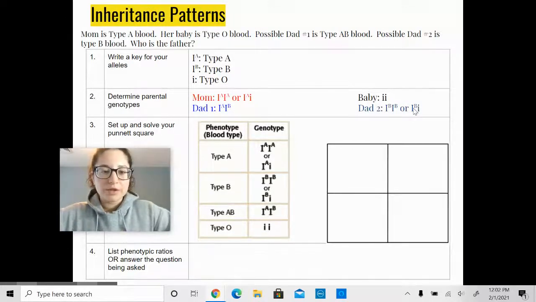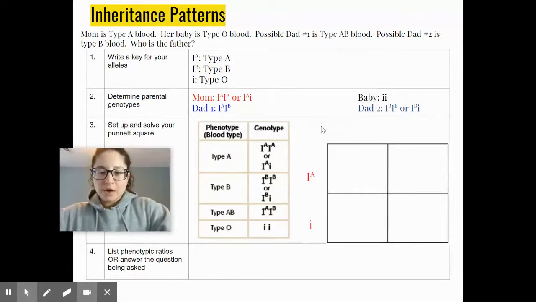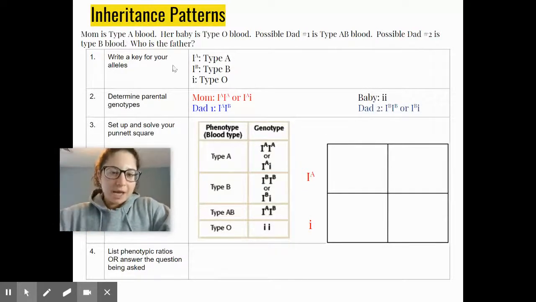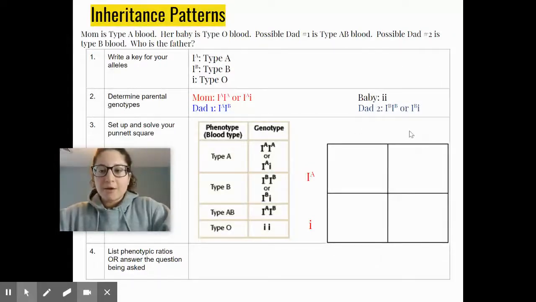So in order to figure out who the father is, we have to show a Punnett square. Now, we know that mom is type A and baby is type O. Baby is type O, which means there's 1 genotype baby can be, ii. So baby had to get 1 i from mom and 1 i from dad.